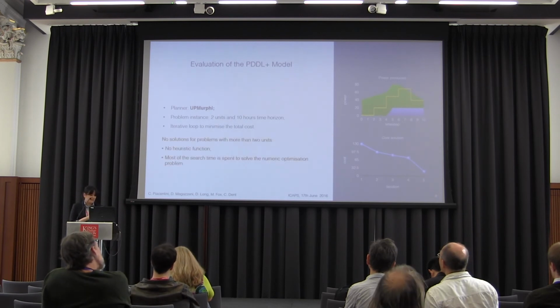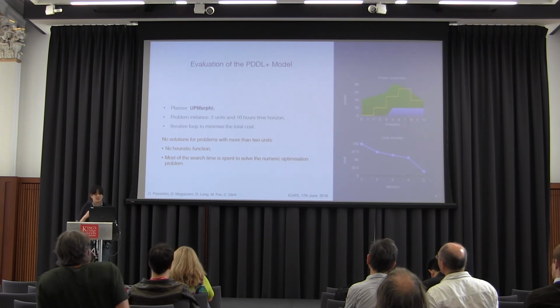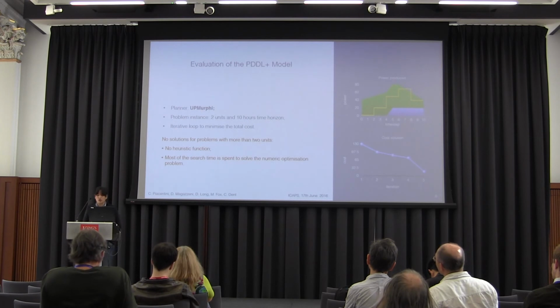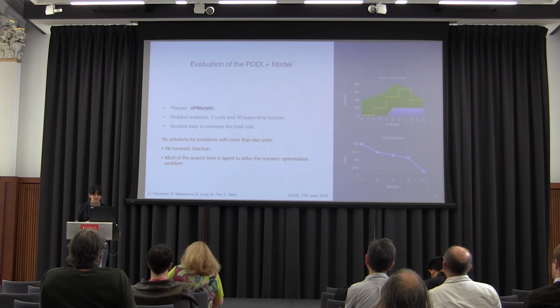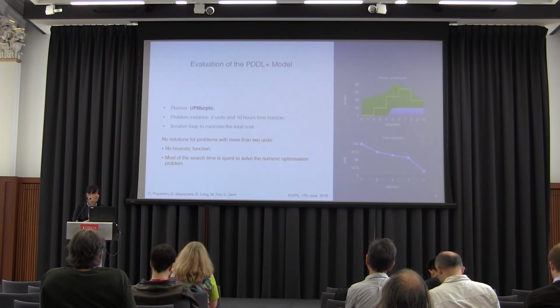The problem is that basically with this approach we can't solve problems with more than 2 units and 10 hours. And this is basically because we don't have a heuristic.